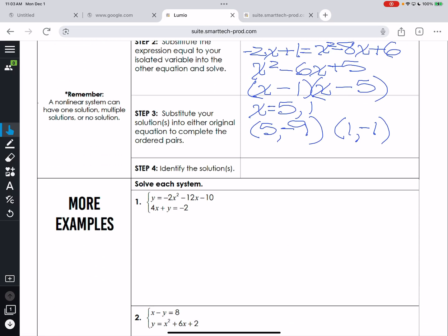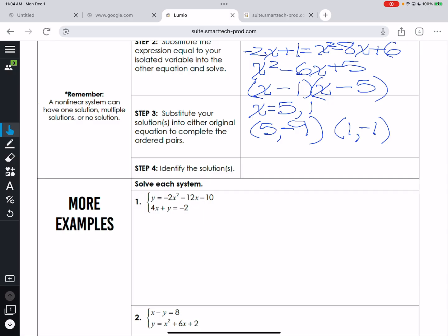So what would you do for number 1? And it's pretty obvious which one we would isolate. You could isolate for x if you wanted and treat y. But you already have a y equals, and your y is isolated, has 1 as its lead coefficient, so you wouldn't have to worry with that.